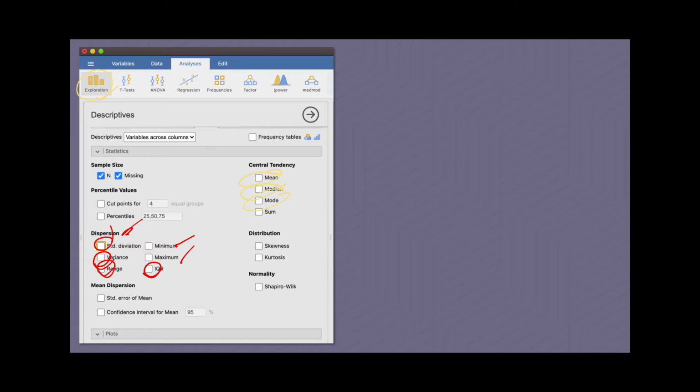And then the other values here, for example, if you also want to look at Q1, Q2, and Q3, you can use this one. The cutoff points, that tells us Q1, Q2, Q3. And for percentiles, you can also have the 25, 50, or 75.